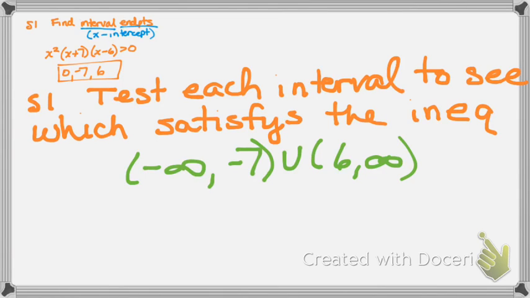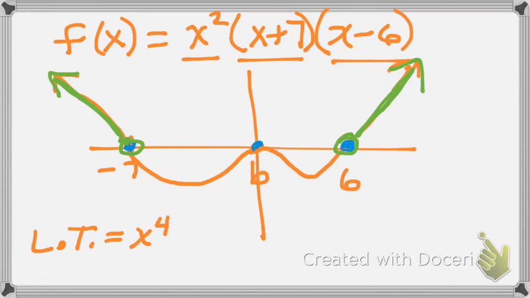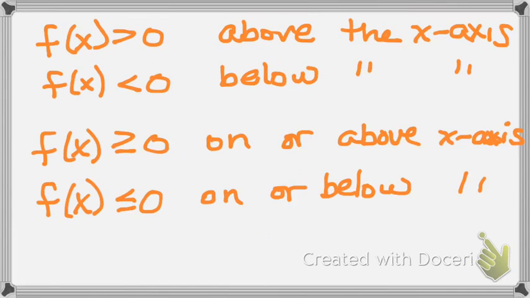Okay, so I'm going to take that exact same problem, and instead of doing a greater than 0, I am going to do less than or equal to 0. Okay? So exact same problem. So we're going to make this example 2.